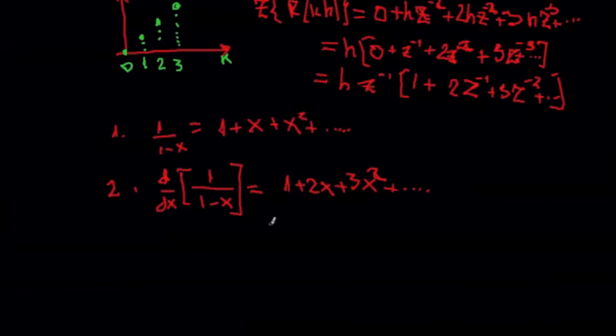In other words, if we take x equal 1 by z and we substitute in the above expression, we will obtain the following: that the derivative d by dx of 1 over (1 minus x) is going to become just 1 over (1 minus x) squared.